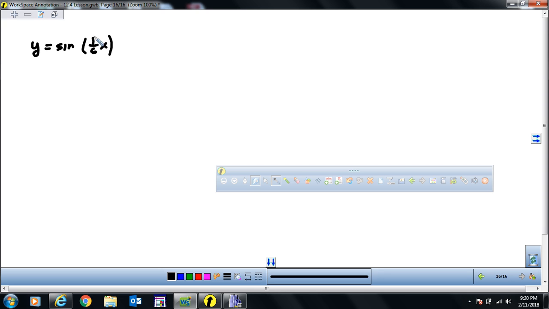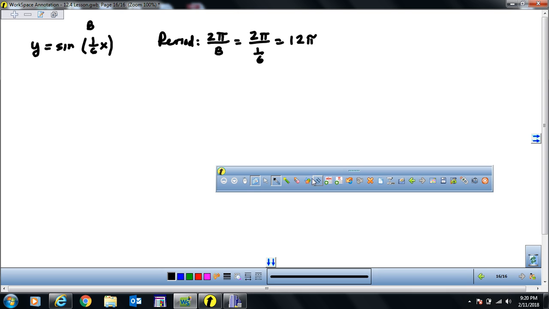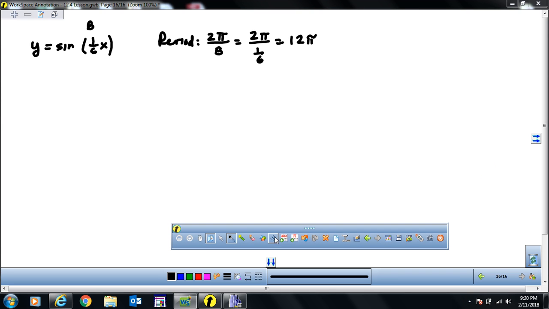But this one enlarges the period when I have a number in front of the x. The formula for the period is 2 pi divided by b. This is the value of b, which in this case is 1/6. So if I divide 2 pi by 1/6, that's going to be 12 pi. That's a big period.